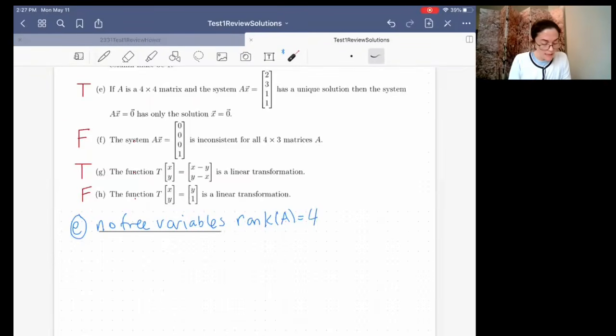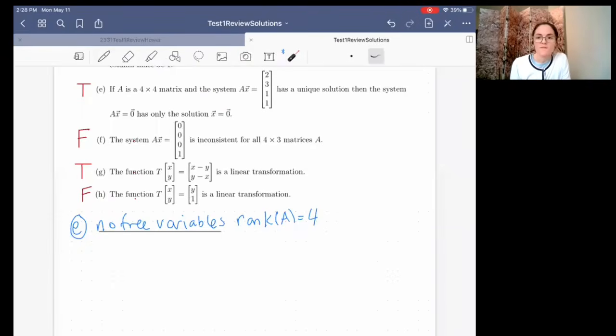So this system always has at least one solution. But given that we have no free variables, that comes from this part, we know that's the only solution. Okay, very nice. Now, let's think about F.